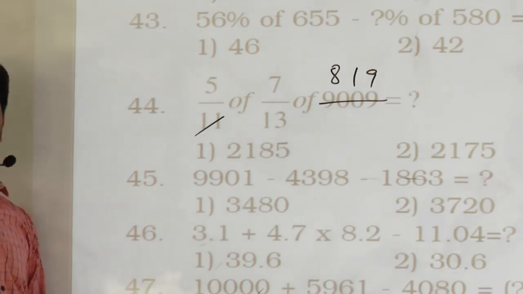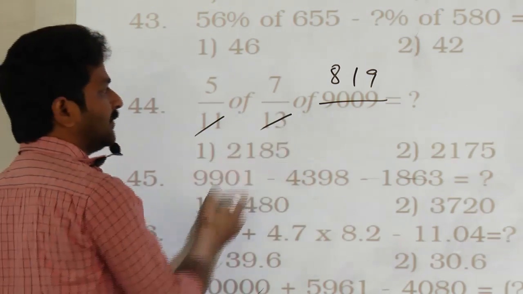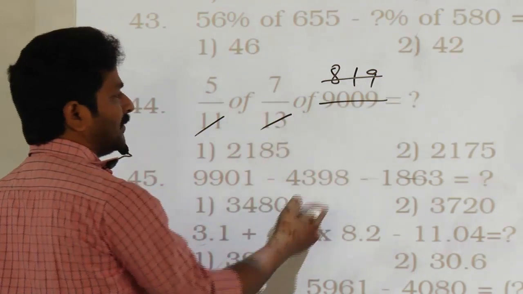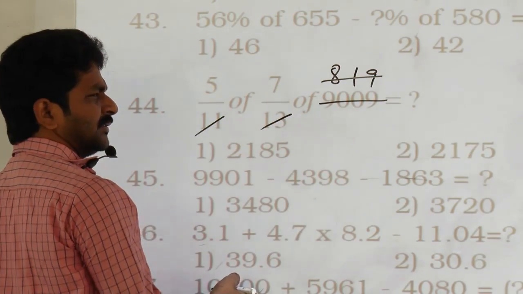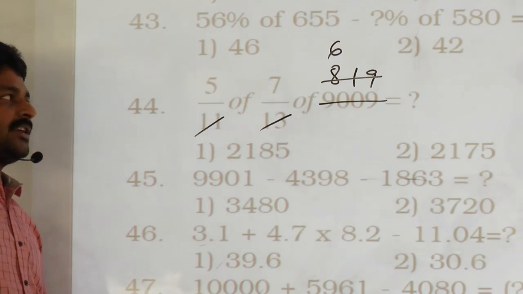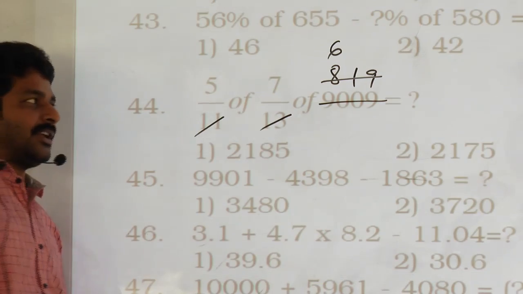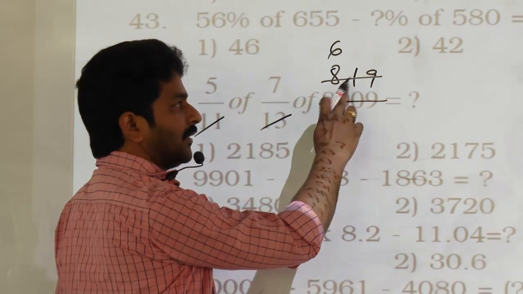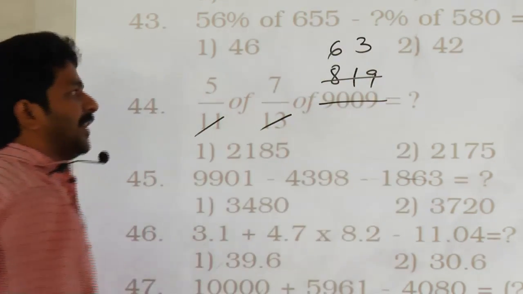Again cancellation with 13. 13, 6 times. 13 6 times 60 and then 18, 78. 78 divided by 39 would be 3 times.